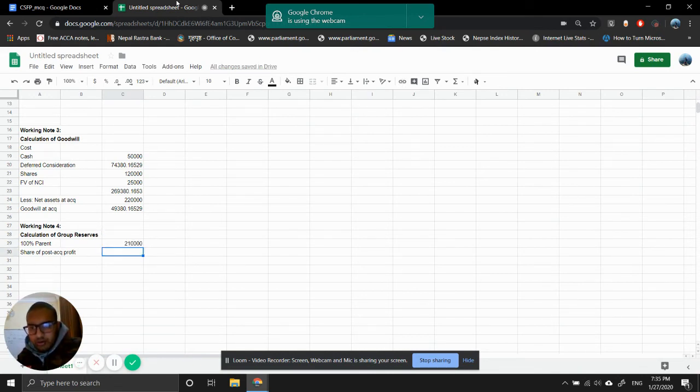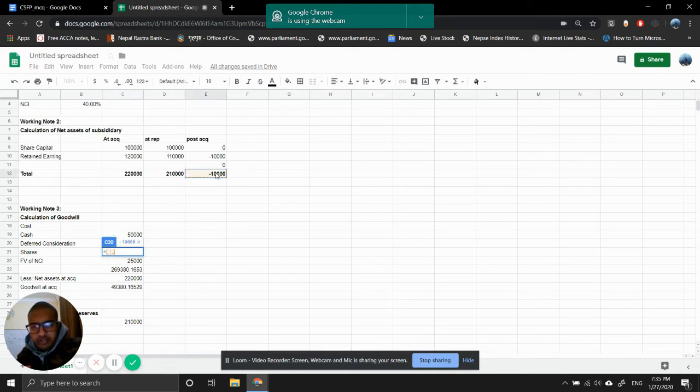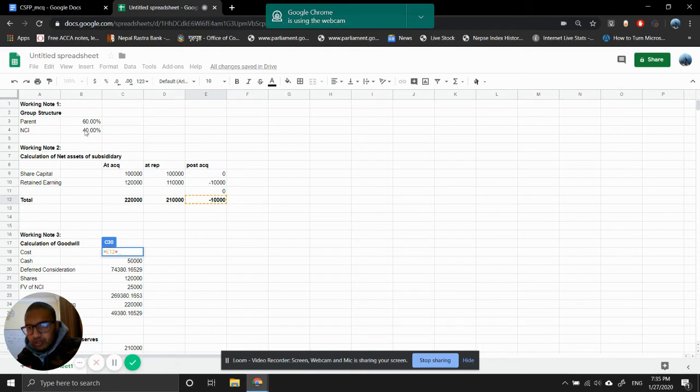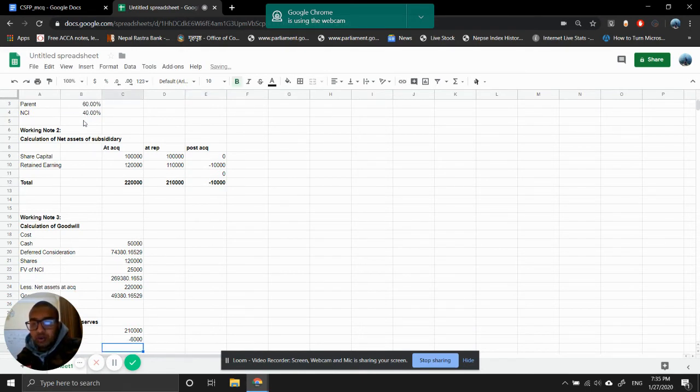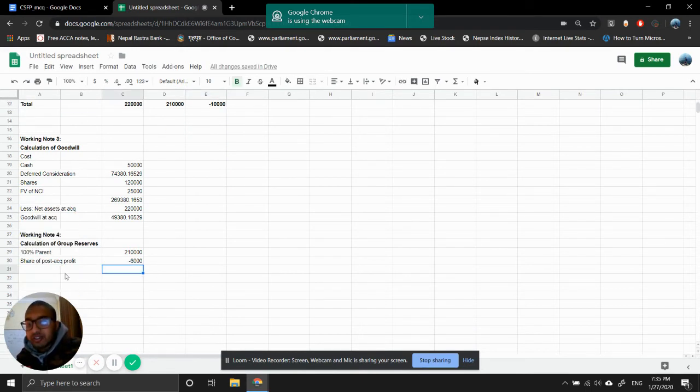And then our post-acquisition profit is this difference into our percentage holding, right? So 6,000 is negative. Okay, so is there any impairment or anything of that sort that would actually reduce our group reserves?